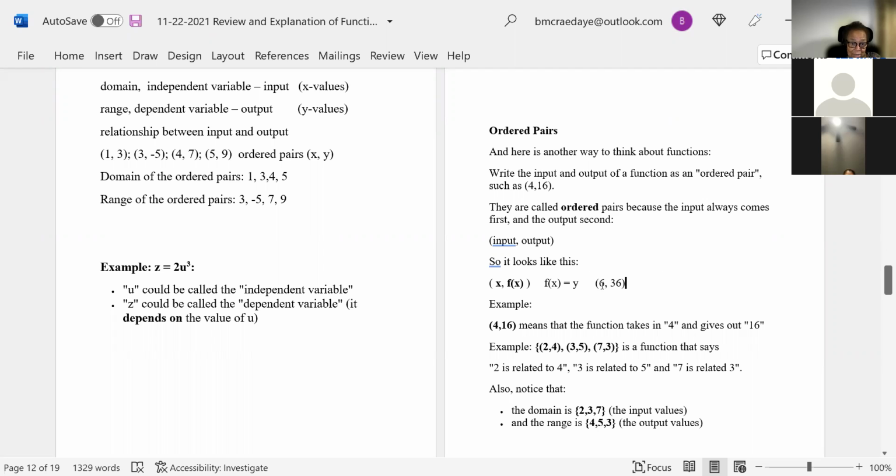If I square the 6, I get the 36. Just like if I had 7 and 49. I square my 7 and I get my 49. My output is the 49, my input is my 7, and my relationship is to square the variable.